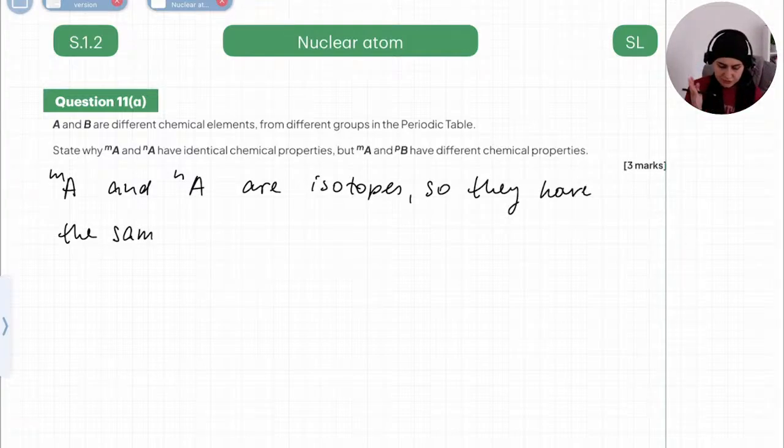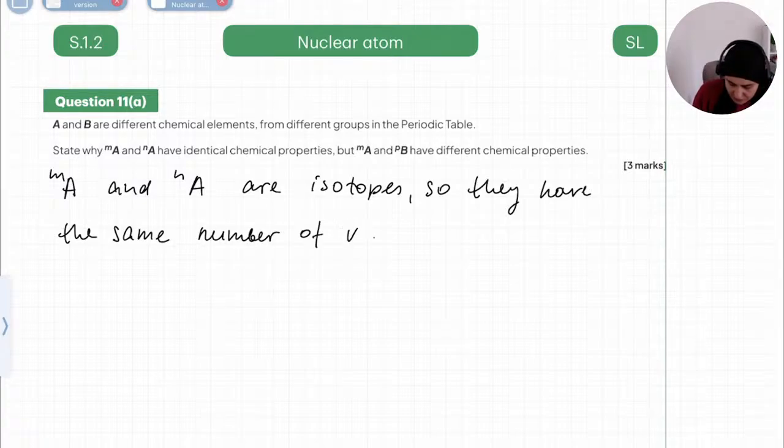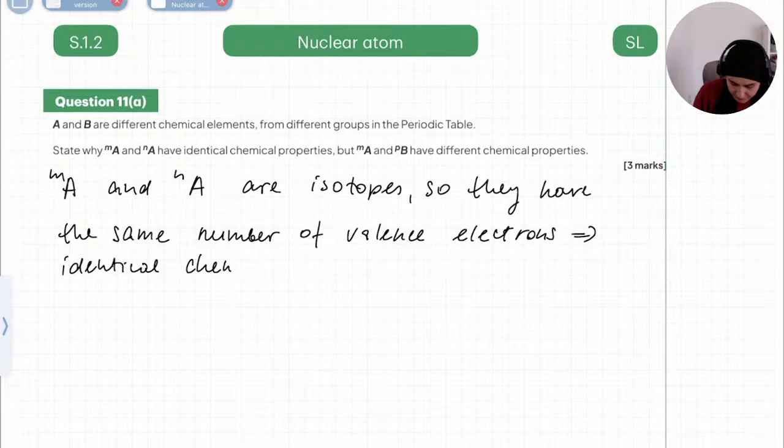So I think isotopes is 1 mark, and they have the same number of valence electrons, or electrons in the outer shell, is the second mark. And that explains the identical chemical properties. I guess we've done 2 marks, right?